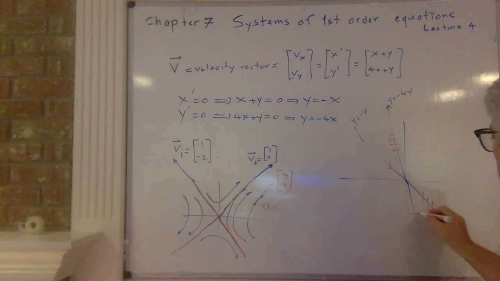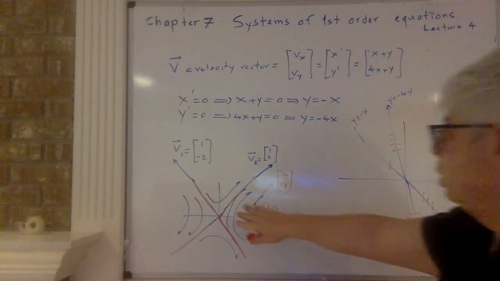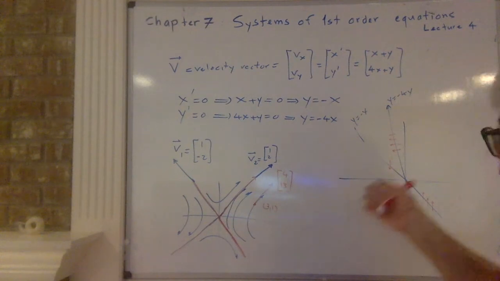On this one, there is no y prime, so it's like it's hitting this horizontally, and on this one they're hitting it vertically. So this is another check to see if your trajectories are correct. These are not asymptotes.